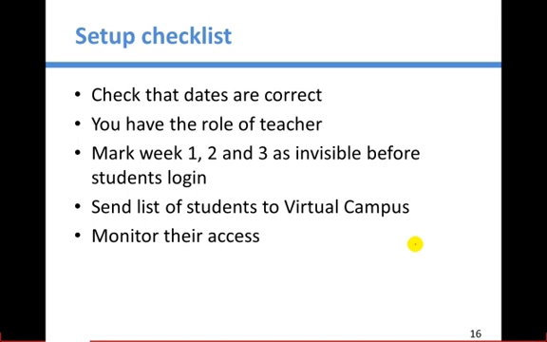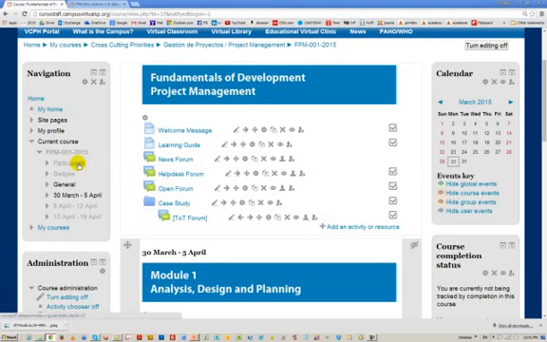And during that week, while you're setting up the course, you monitor their access. You do that once you are in the course. You click on the left menu, participants, and that's where you're going to be able to see all the people that have been registered to the course and what is their current status.